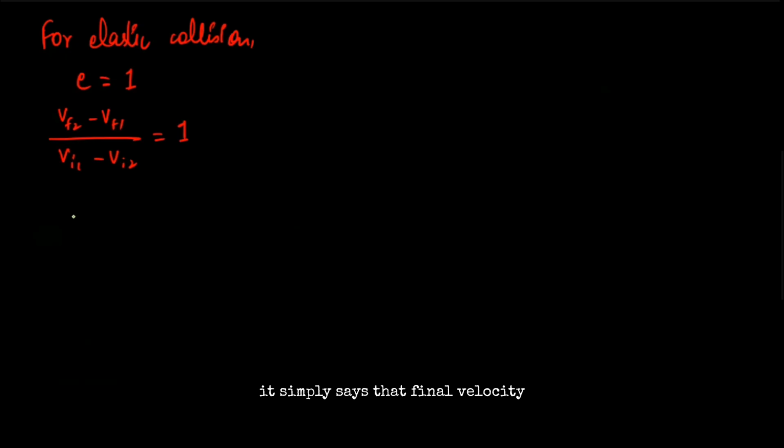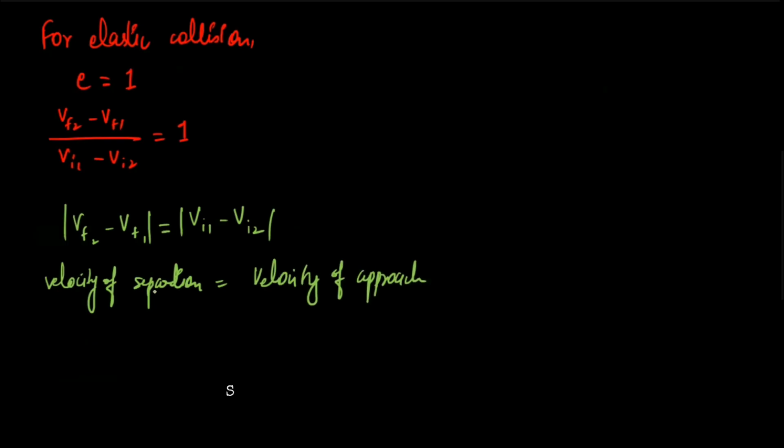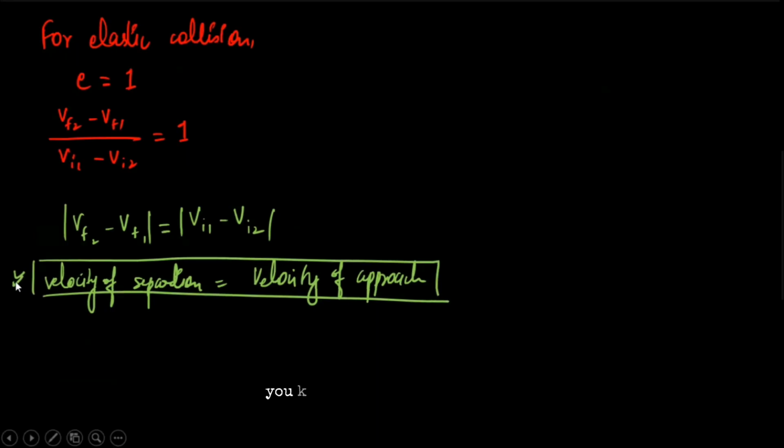It simply says that the final velocity difference must be equal to the initial velocity difference in terms of magnitude, or the velocity of separation must be equal to the velocity of approach. This is the case specifically limited to elastic collision only.